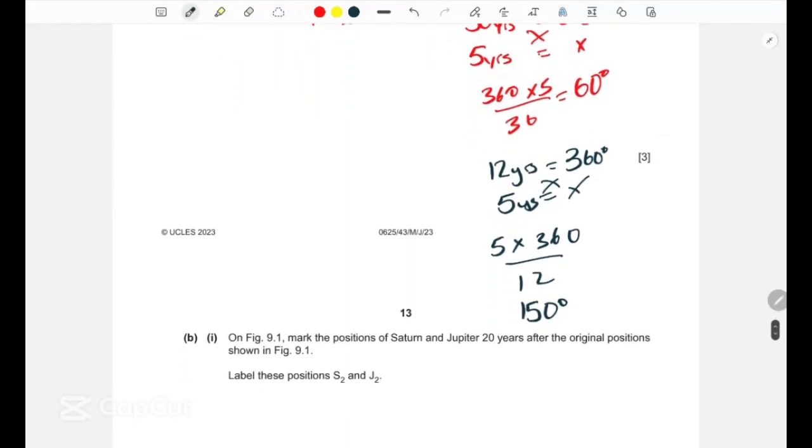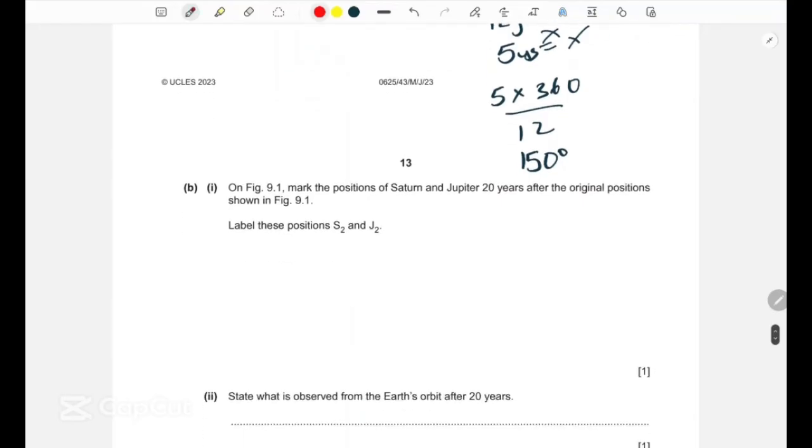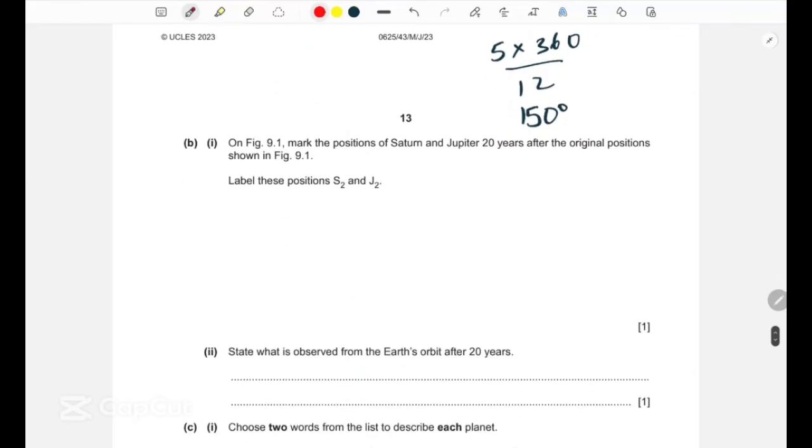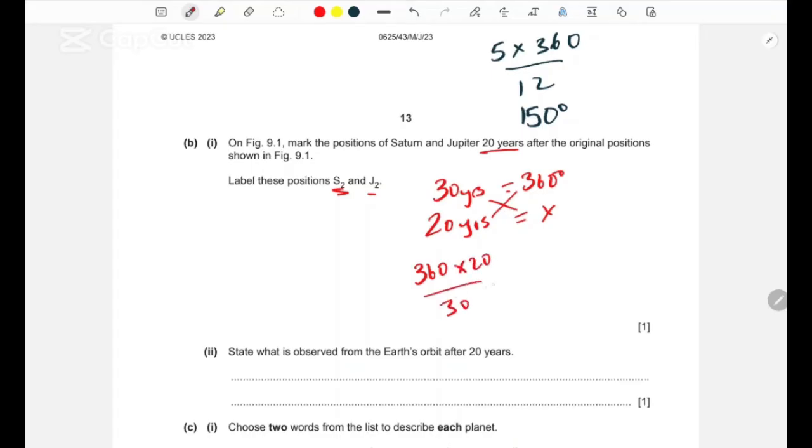Let's move on. Question B. On figure 9.1, mark the positions of Saturn and Jupiter 20 years after the original positions shown in figure 9.1. Label these positions S2 and J2. For this question, we do the same thing we did for the previous one. We know that Saturn takes 30 years to do 360 degrees. So after 20 years, it would be X, which is 360 times 20 over 30.